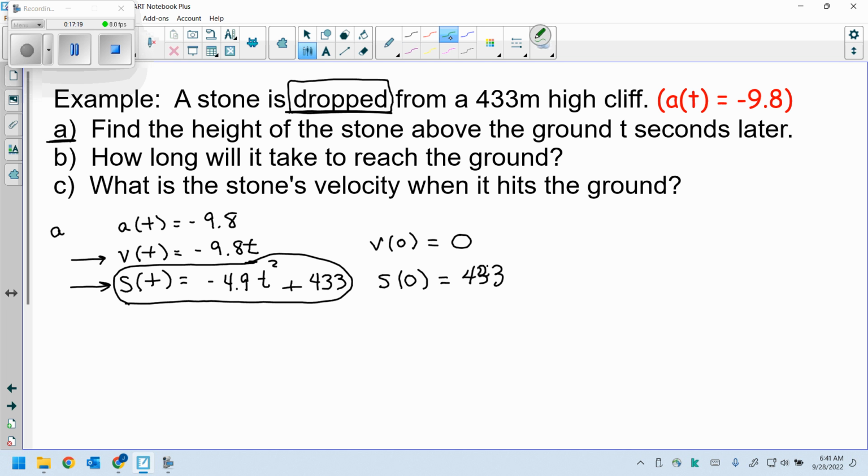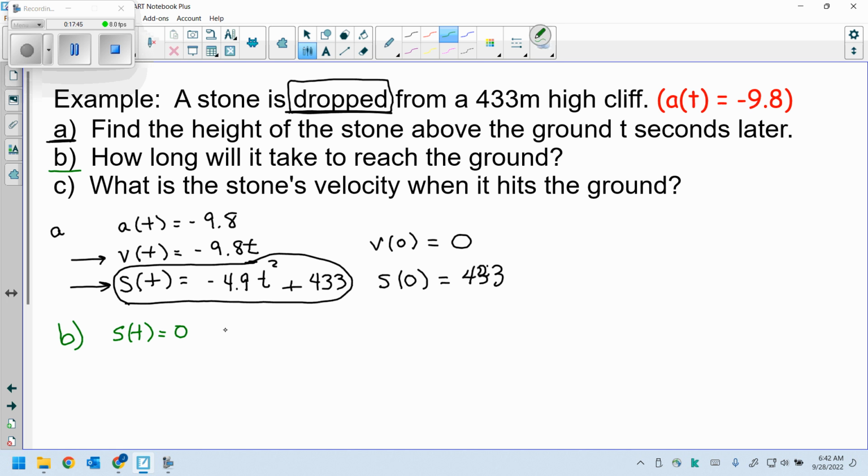Part B. How long will it take to reach the ground? Well, what do we know about this thing when it hits the ground? I think we know that the position at that time, whatever that time is, is 0.